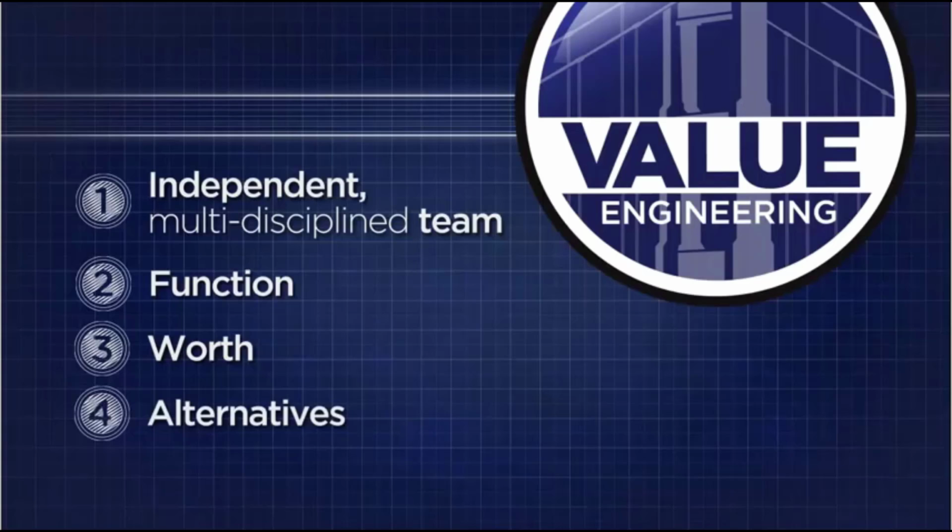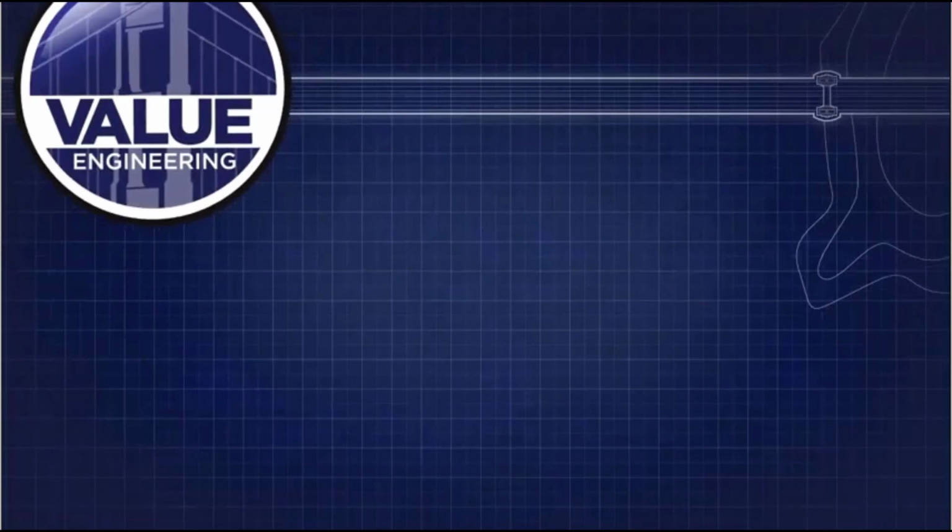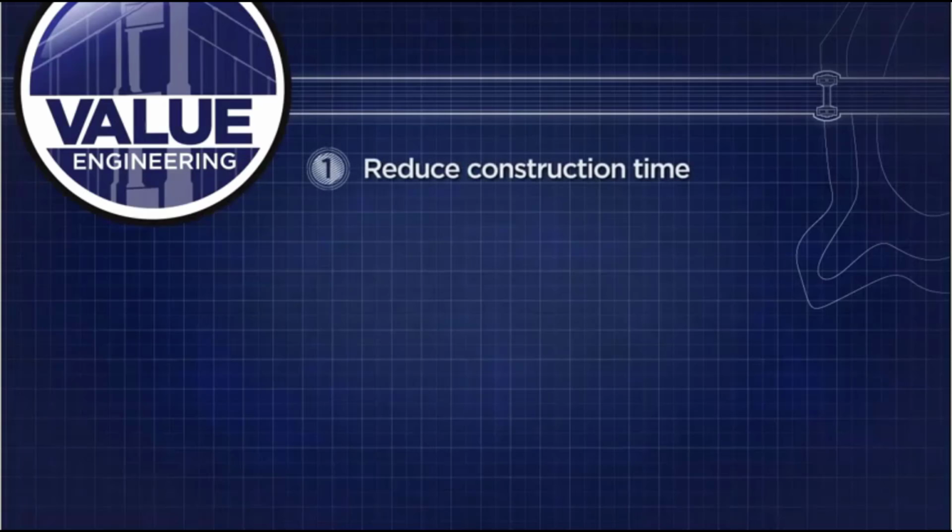We'll go into details to make this easier to understand, so let's start by looking at what the value engineering study process can accomplish. There are several objectives that the value engineering study process focuses on beyond achieving the desired level of quality at the lowest cost. The process may also look for ways to reduce construction time or make construction easier to accomplish.